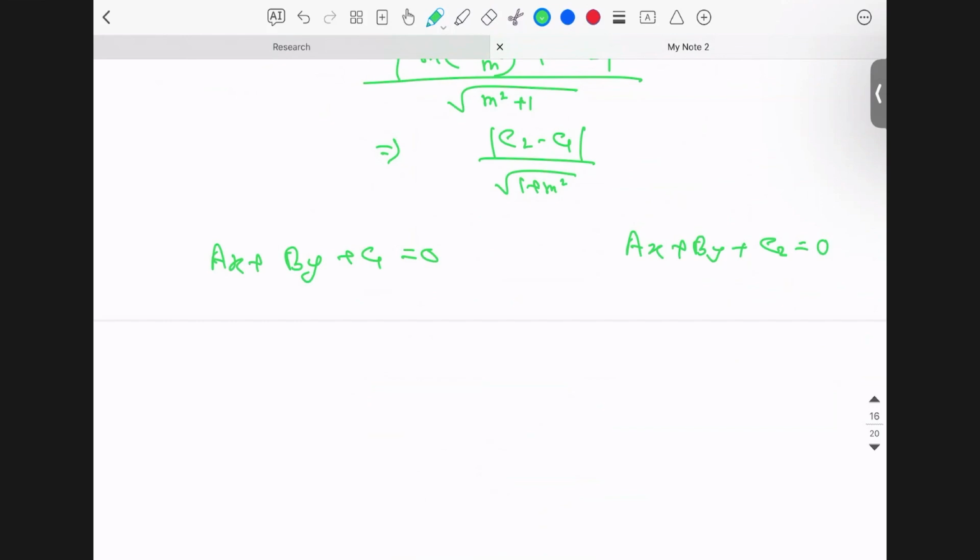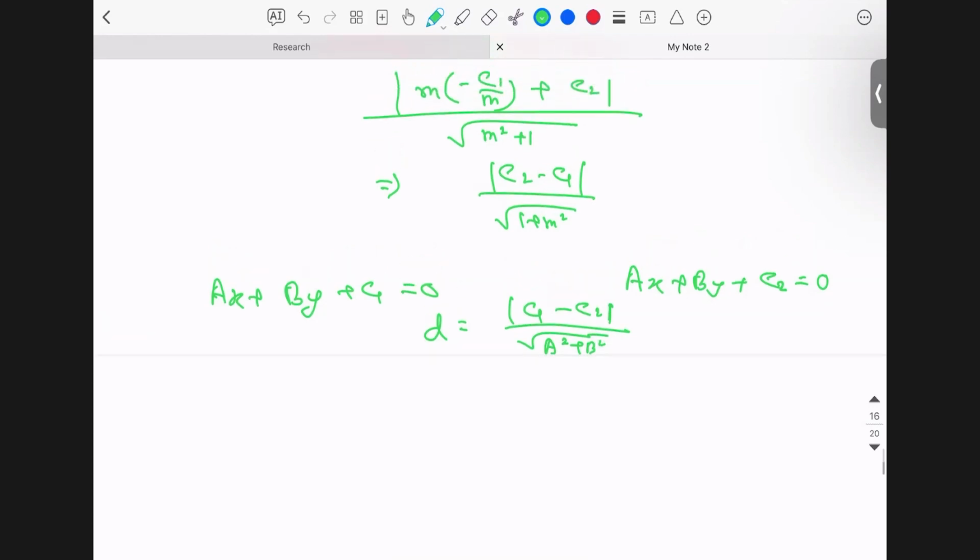Then the distance between these two straight lines will be again modulus of c1 minus c2 divided by square root of a square plus b square. And how can you get this? You just rewrite these equations in the form of y equals to mx plus c and put this m value here.